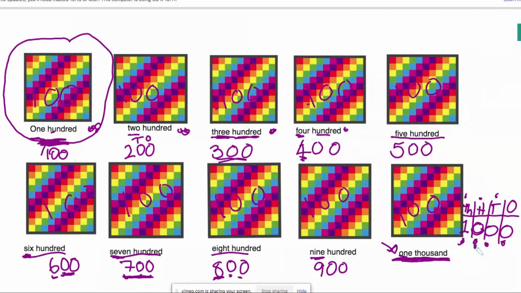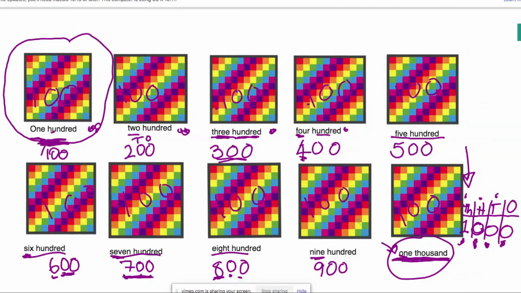Now I've got another question, because some children get a little bit confused when it comes to this part here. How many hundreds make up 1000?